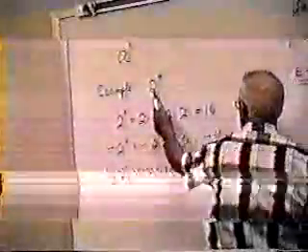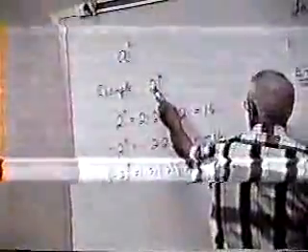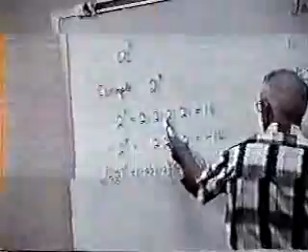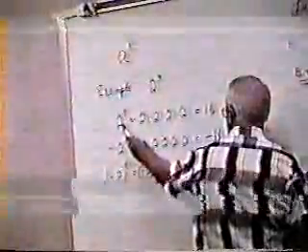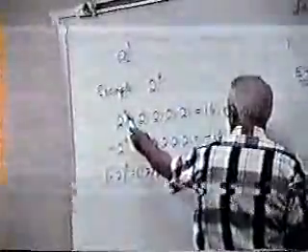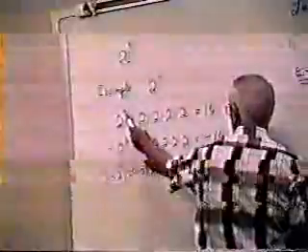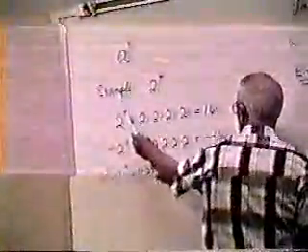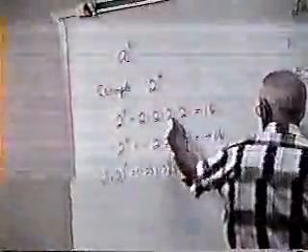Now what 2 to the 4th power means is we have 2 times 2 times 2 times 2. We have the base, and we multiply the base together this many factors. So 2 raised to the 4th power is 2 times 2 times 2 times 2.